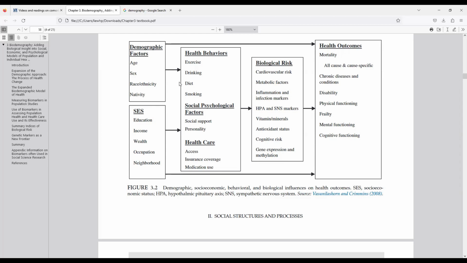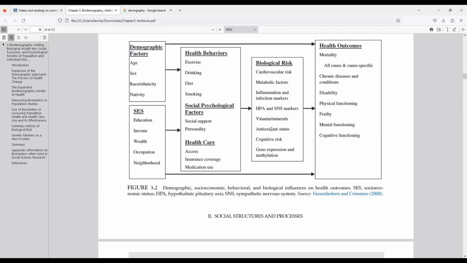So as time goes by, as we can see, their models become more and more complex as the means to gather data and the means to store data become more and more sophisticated over time. And people are able to, through all kinds of testing mechanisms, procedures, scans, and whatnot, gather data on the biological risks that influence different diseases.